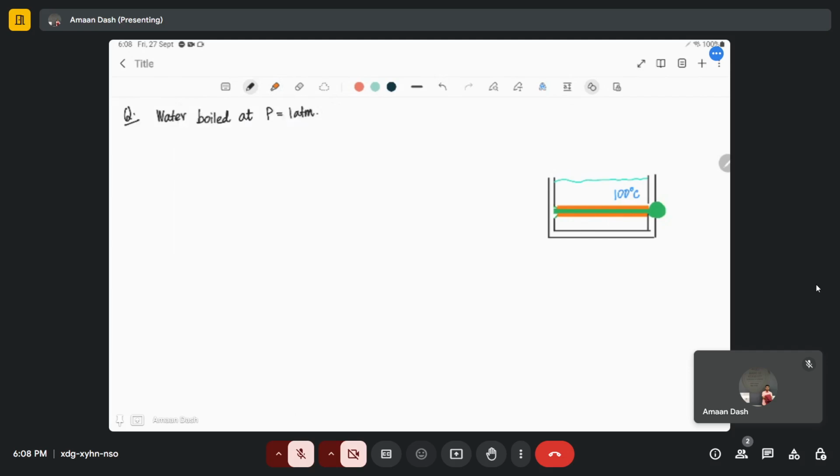So this is the heating element, and this is the vapor film.